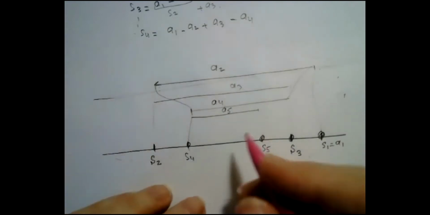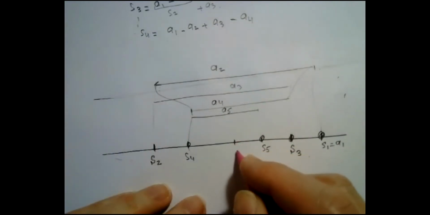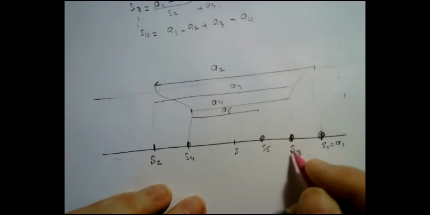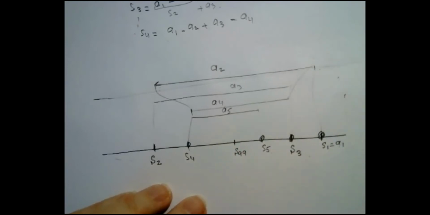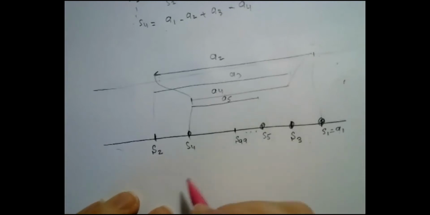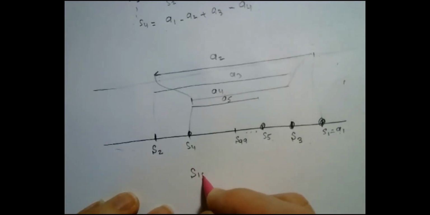Let's see what the picture is here. Let us say this is S99, so these are odd. Dot, dot, dot. What is S100 going to be? Let us see what the difference is.